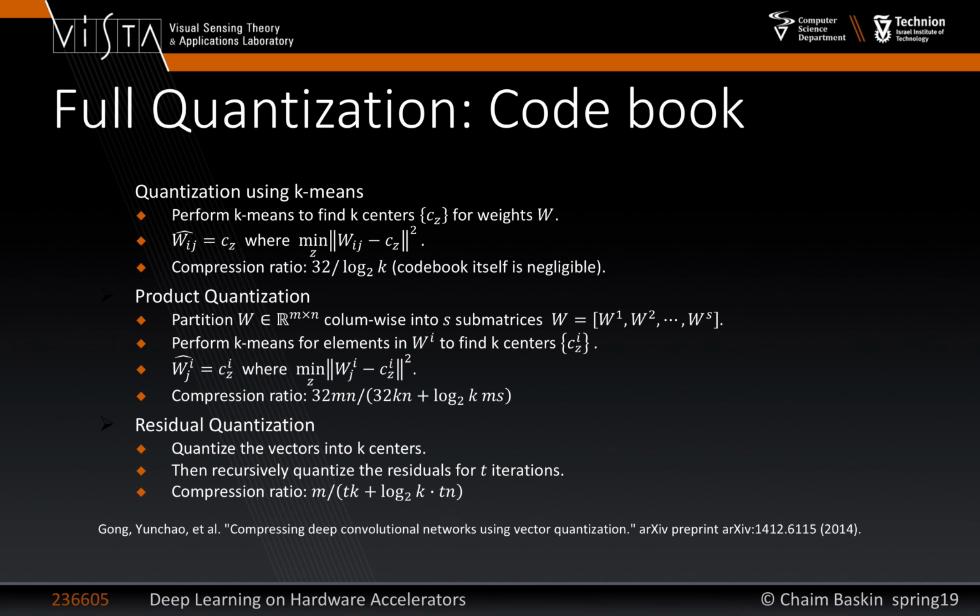Product quantization is the partition of W column-wise into s sub-matrices. Then we perform k-means on the elements of our weights to find k centers, and here we get the compression ratio. We quantize the vectors into k centers, and recursively we quantize the residuals for t iterations.